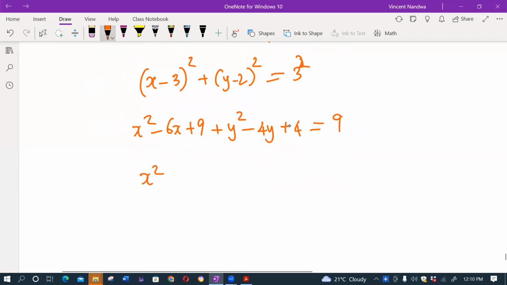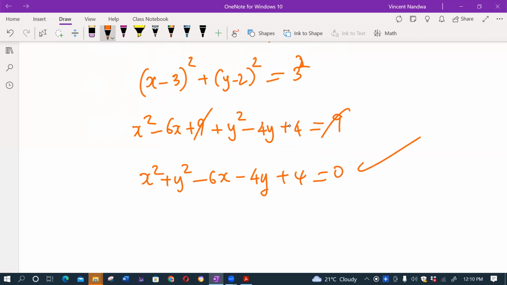So I'll have x squared plus y squared minus 6x minus 4y, the 9 and 9 cancel out, plus 4 equals to 0. So that is the equation of the circle.